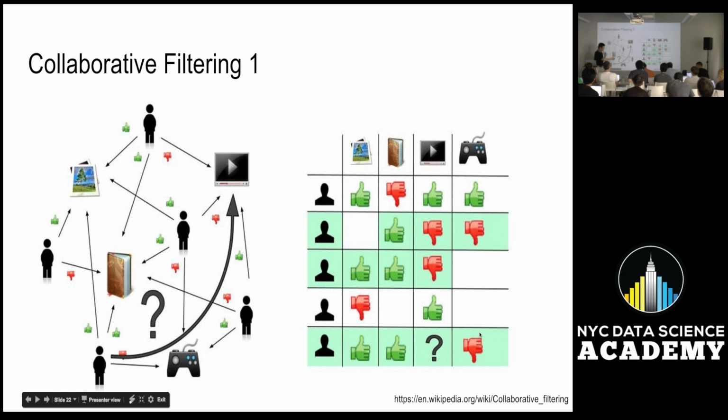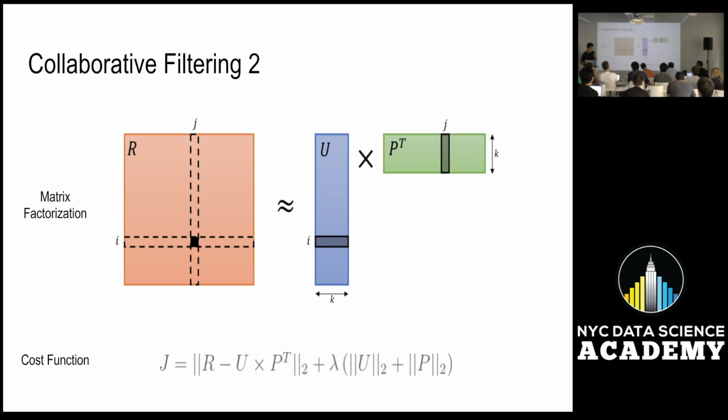And this is actually a good example of a user item matrix. In reality, of course, for a system like Yelp, you have many more rows because you have many more users and also many more columns. And in reality, it's usually very sparse. To take advantage of the sparsity, people use matrix factorization, which is trying to use a smaller matrix U multiplied by a smaller matrix P to get an estimate of this complete sparse user item matrix.